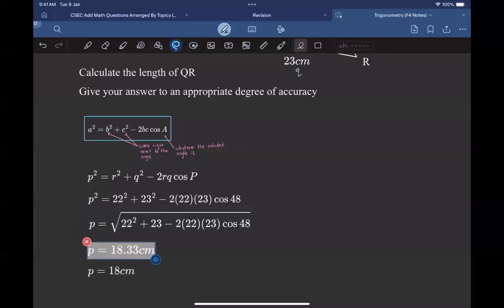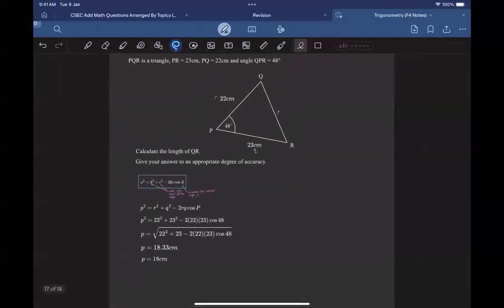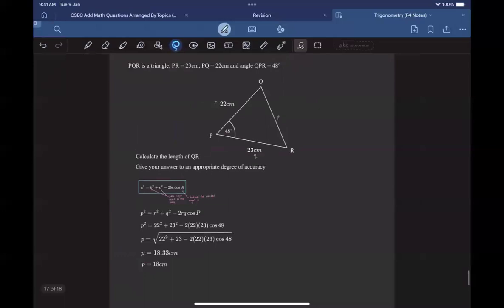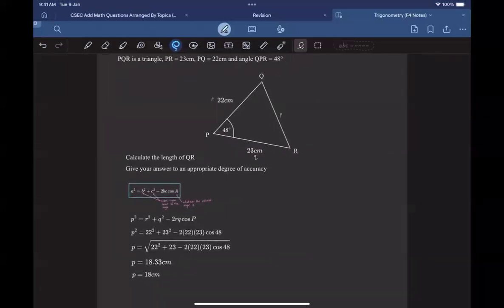Easy MVP. By the way, Kiara, let me know if you're on.